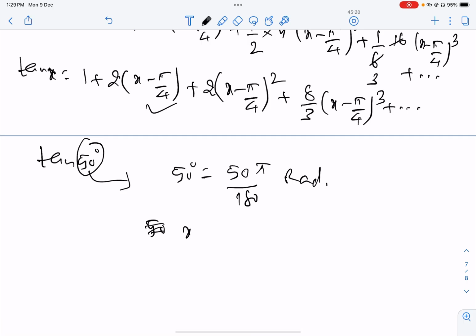So x minus pi by 4 is 50 pi by 180 minus pi by 4. Now you use the calculator.